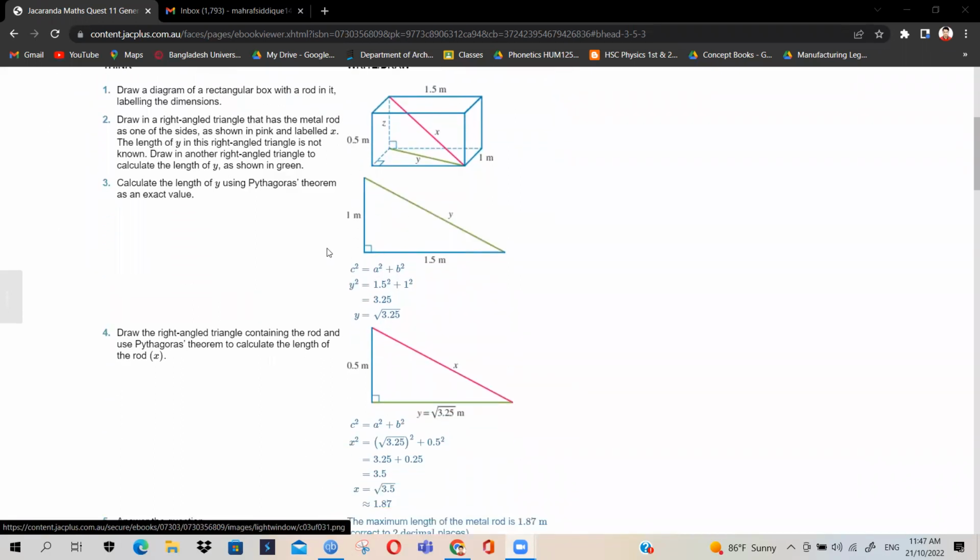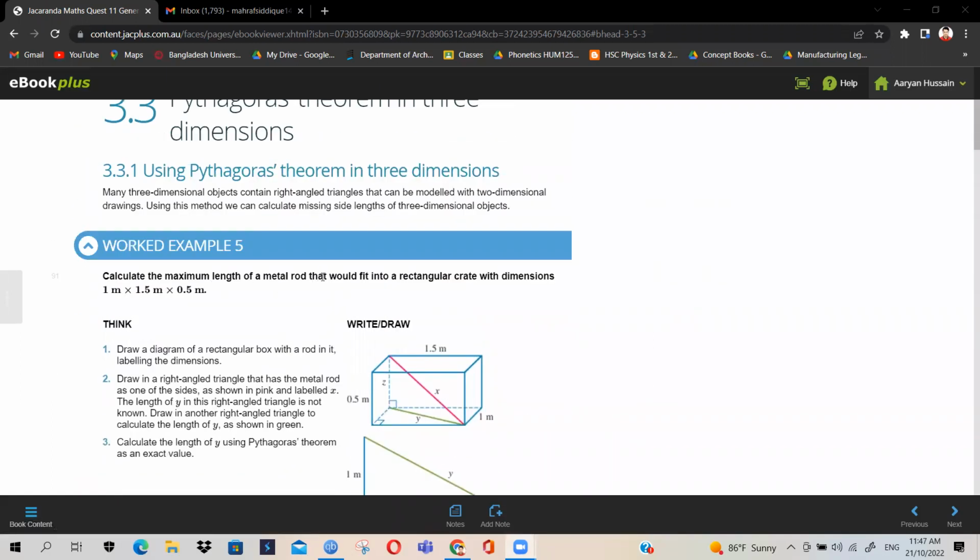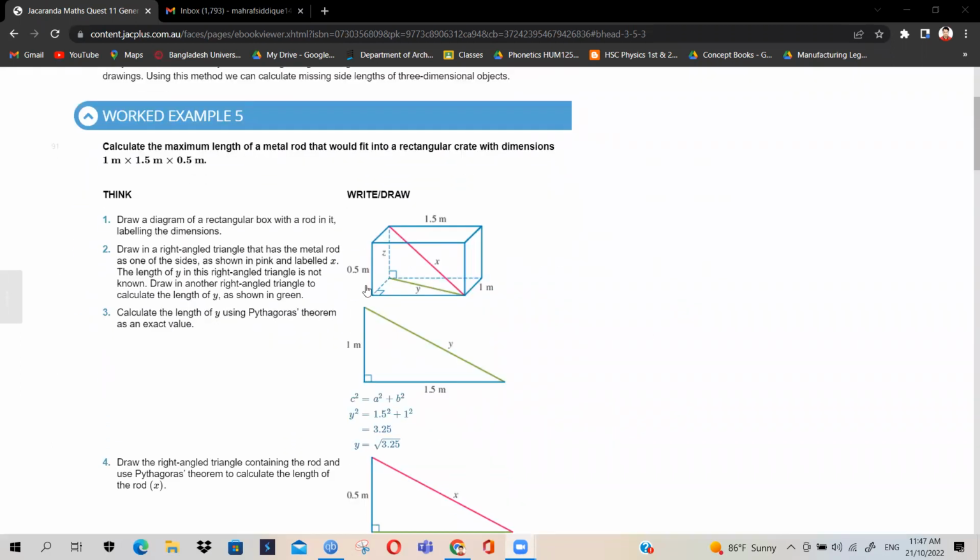Now let's see, what was the question again? So 1.5, 1. Now see, you can either directly plug in like this, that the diagonal would be equal to root over 1 squared plus 0.5 squared plus 1.5 squared. Or maybe you could do it like, say for instance, y equals root over 1 squared plus 1.5 squared, right?